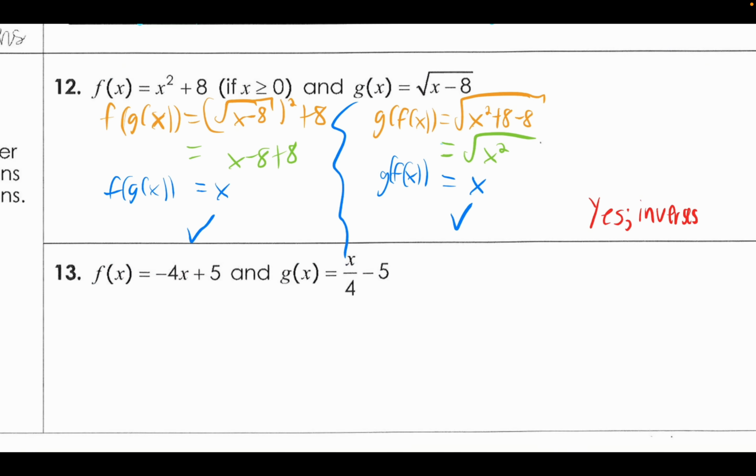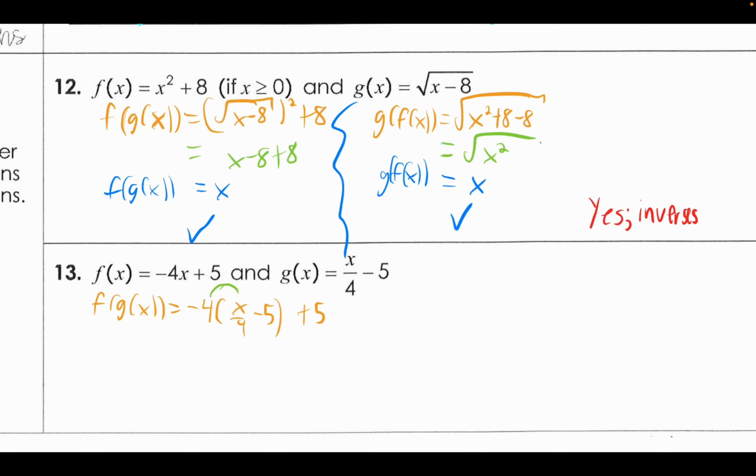On number 13, let's try this here. So if I do f of g of x, and it doesn't matter which way you start, by the way, to be clear, whether you do f of g or g of f first. If I do negative 4 and I plug this into that, x over 4 minus 5, and then I add 5 to this.